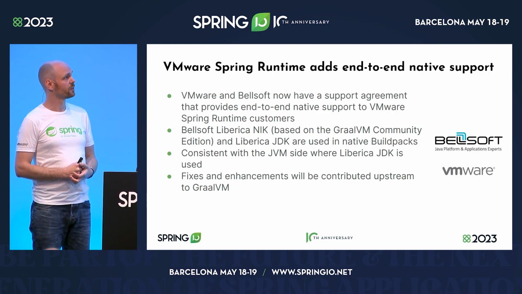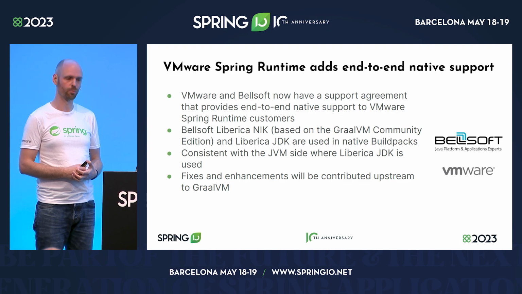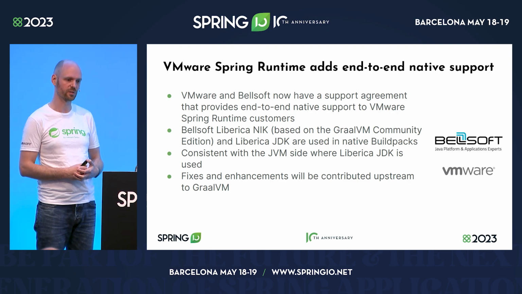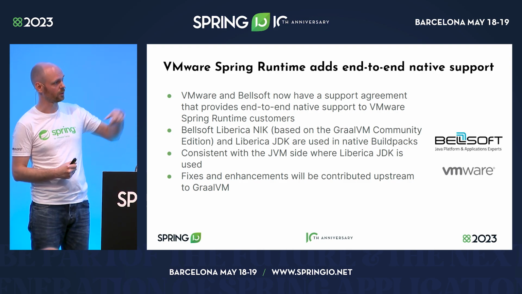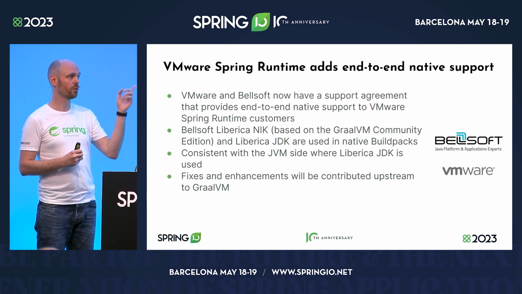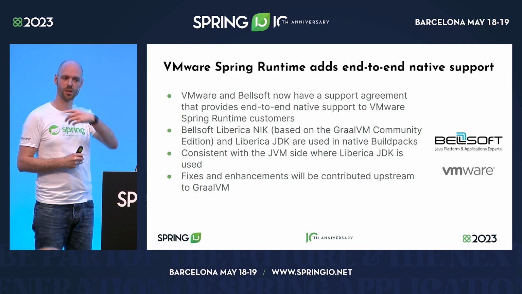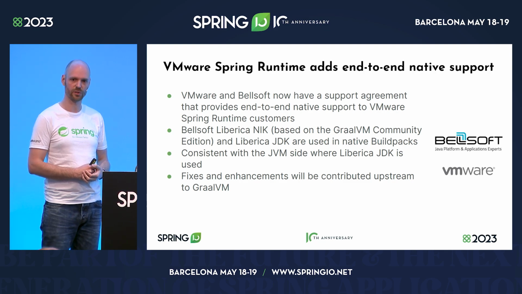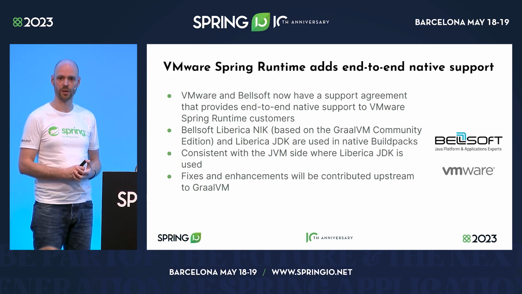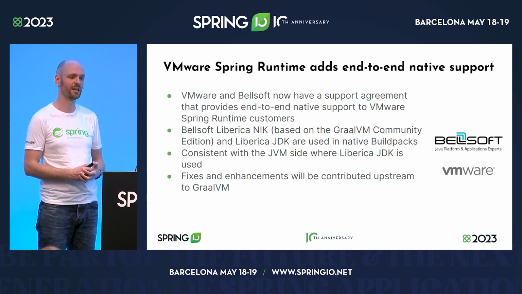We also have the Spring Runtime, which is the commercial offering from VMware if you need support, and we extended that to also cover the native stuff. So if you encounter problems with the native stuff, you could go to VMware, and they would be able to help you. The SDK use native image kit thingy you saw is from Bellsoft. Bellsoft is the partner we're partnering with for the JVM support, and they also have a GraalVM installation called NIK, the native image kit.